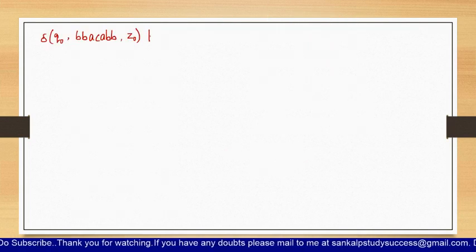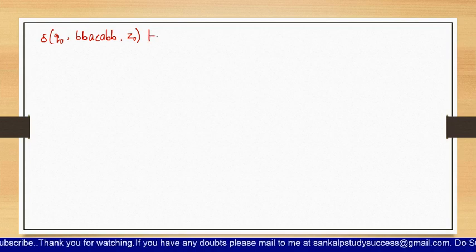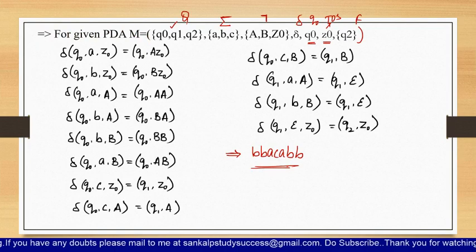So then our instantaneous description, we are going to denote with this symbol, and see here our current state is Q0 and our current input symbol is B, by applying the top of the stack as Z0. So Q0 B Z0. Let us see here, there is a move here, Q0 B Z0.